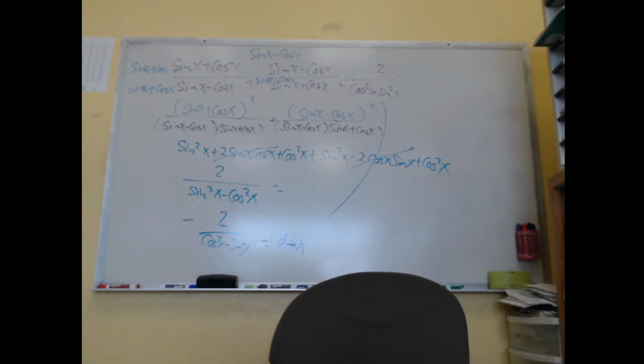If the sum of the angles of a triangle x, y, and z is pi, which is 180 degrees, simplify the expression secant of x times sine of y plus z. That was kind of tricky.